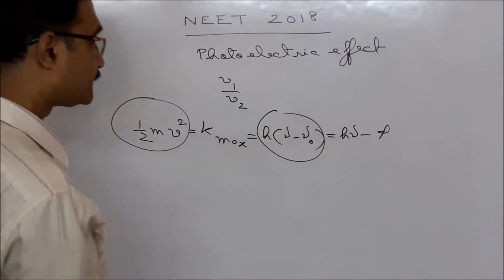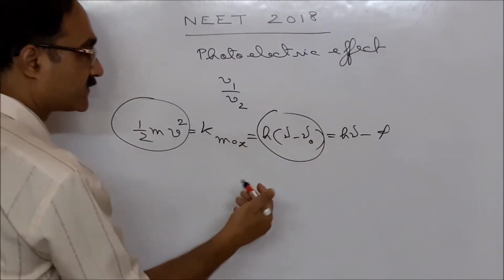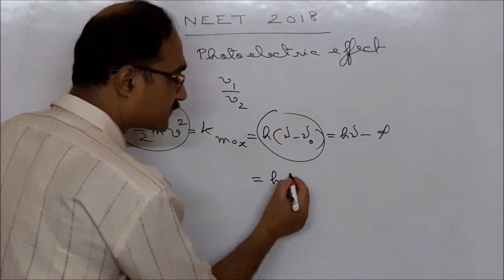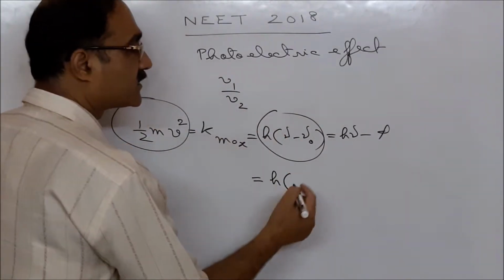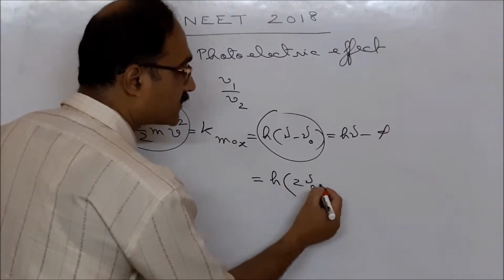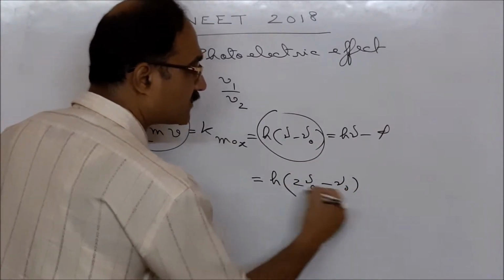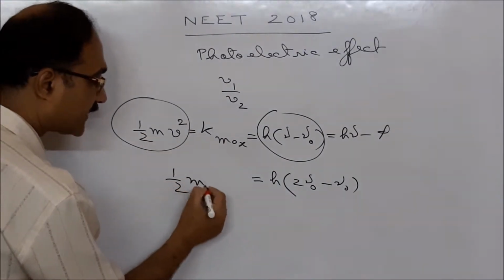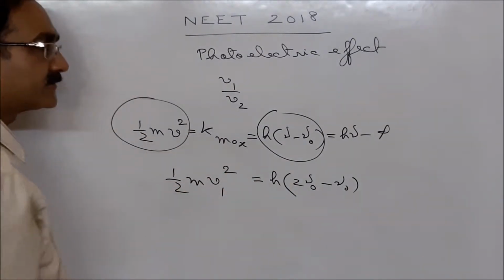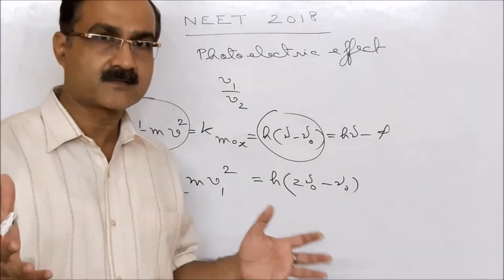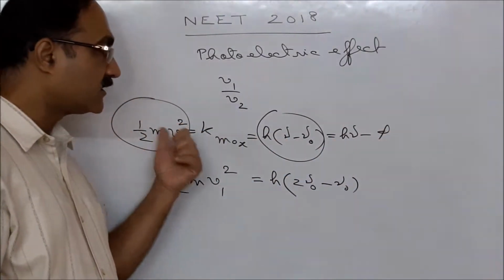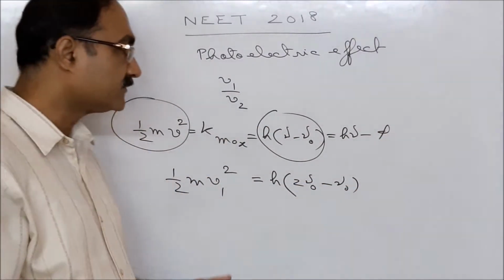So here in the first case it says the incident frequency is twice nu naught, so this nu naught will already be there, and here this will be half m v1 square. Right? Simple. See, this is a different form of the same equation.